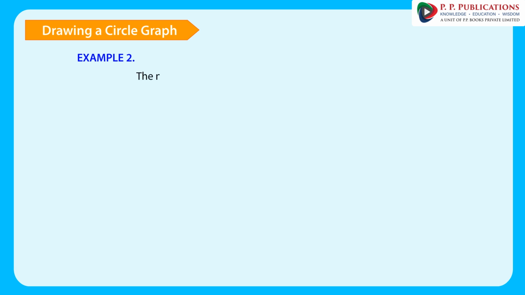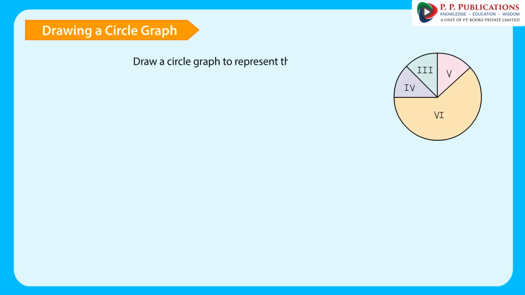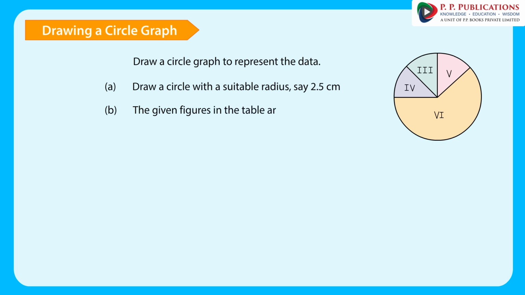Example 2. The number of trees planted by 4 classes in a school is given below. Draw a circle graph to represent the data. A. Draw a circle with a suitable radius, say 2.5 cm. B. The given figures in the table are 5, 5, 10 and 20. Sum equals 5 plus 5 plus 10 plus 20 equals 40.